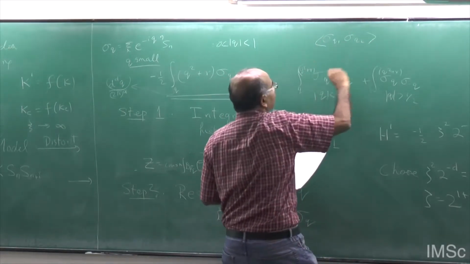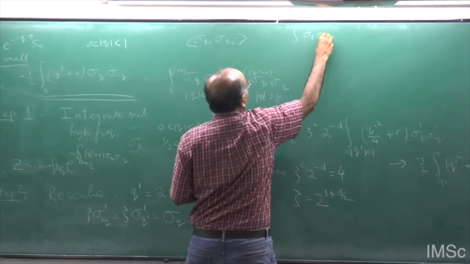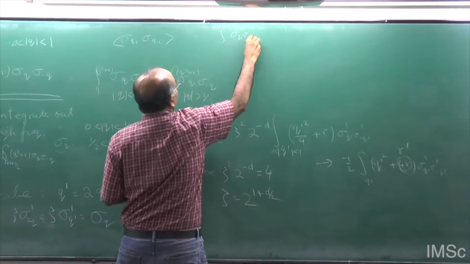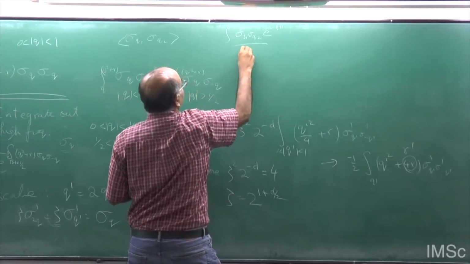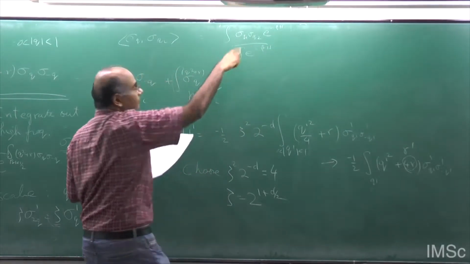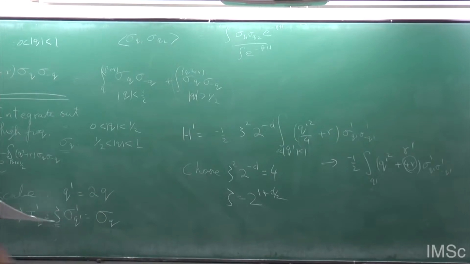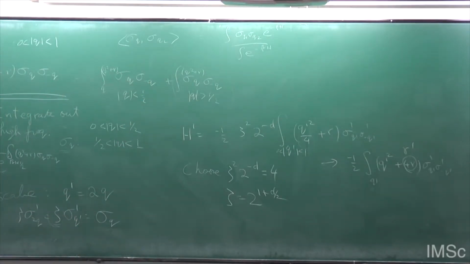This will be calculated by writing sigma q1, sigma q2 times e to the power of minus beta h, divided by the partition function. The same constant will occur in both of them, so it will cancel out. So it won't affect these correlations. That's why we are dropping this constant here. This constant came from integrating out the higher modes.